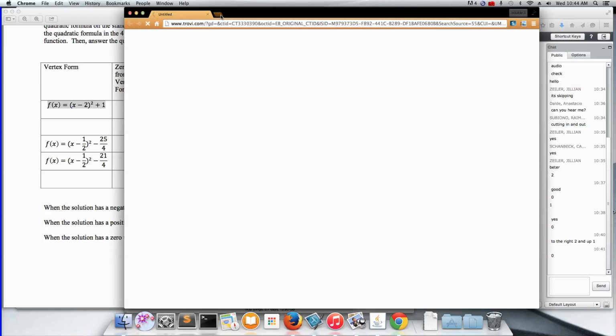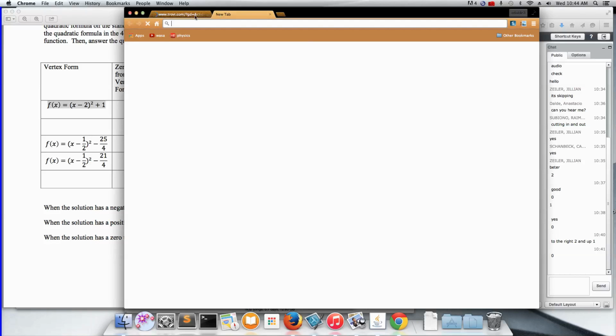Desmos graphing calculator. What is trophy? I wonder if I have a virus on my computer.